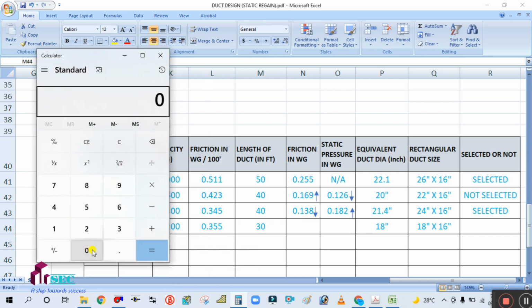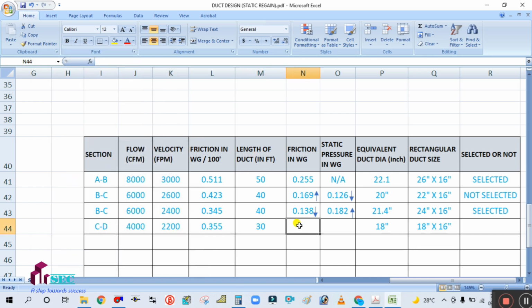Simply 0.355 into 30, divided by 100. So 0.106 will be here. 0.106.